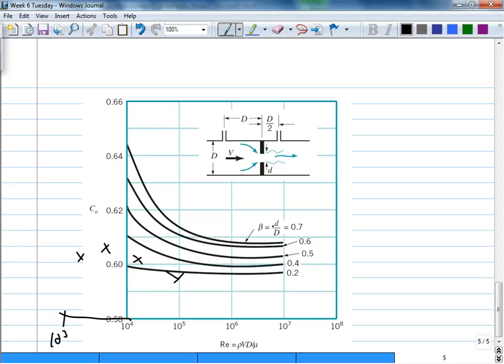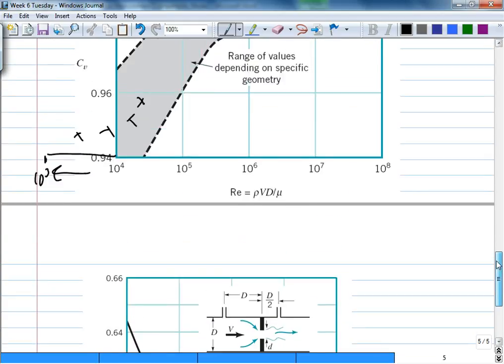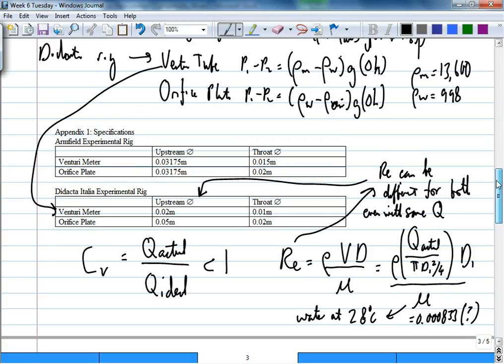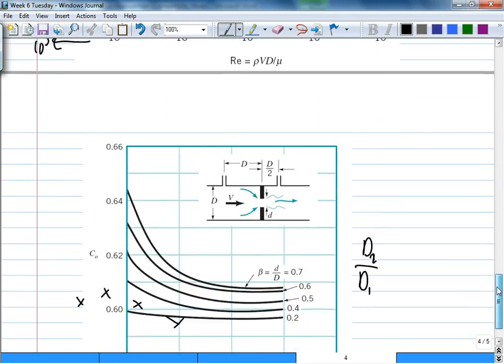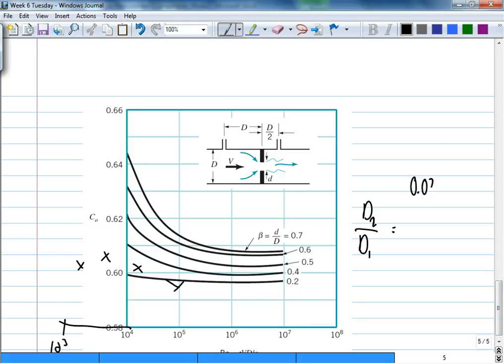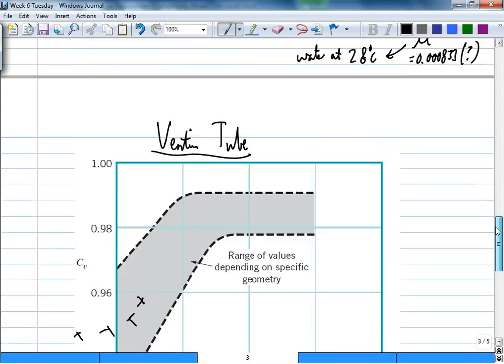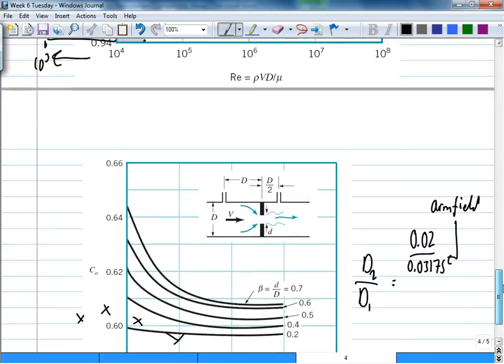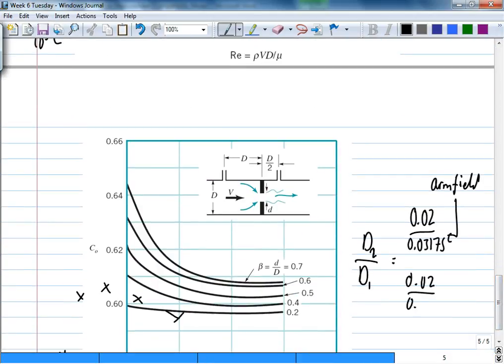Which graph to compare to depends on this ratio. This ratio is actually your D2 over D1, which, let's see what your case is, is either 0.02 over 0.03175, for Armfield, or 0.02 divided by 0.05 for the Italian one.